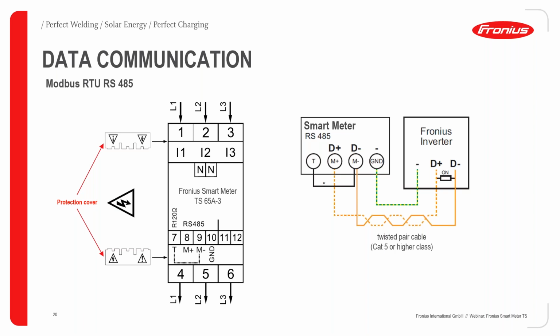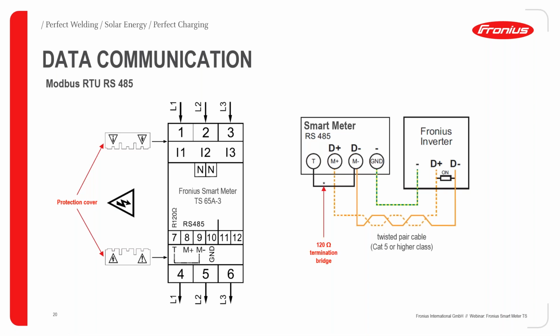And the second thing I want to go through is the 3 important steps when it comes to the MODBUS communication. The first one is listed here. Use a twisted cable pair between D+ and D-. It's standard for a Cat5 or a higher standard cable. That's the first topic.